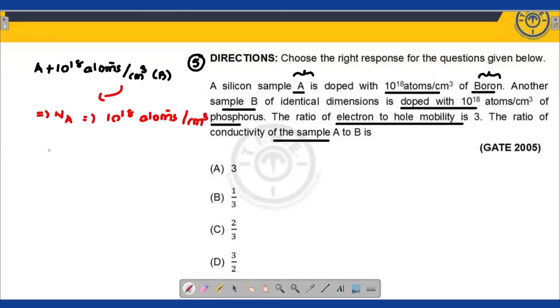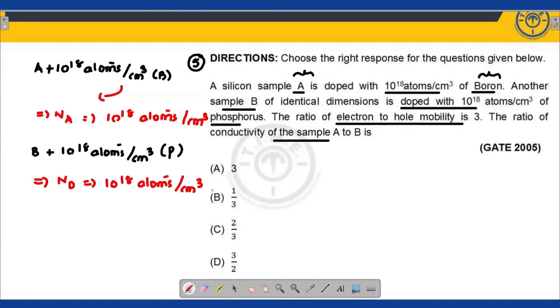Next, sample B is doped with 10 power 18 atoms per centimeter cube of phosphorus. When it is doped with this, it forms an N-type semiconductor with a donor concentration Nd equal to 10 power 18 atoms per centimeter cube.